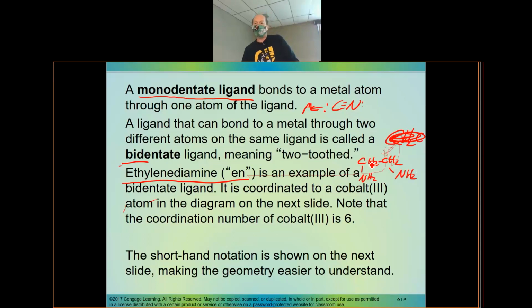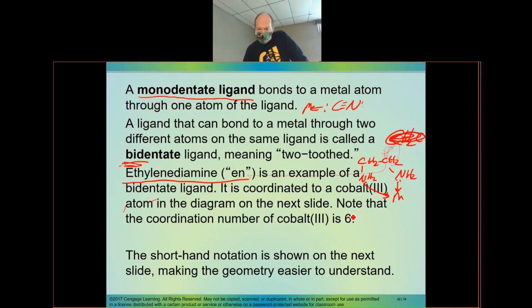So that is ethylene, 2 carbons, diamine, nitrogen NH2 groups, and these nitrogens each have an electron pair, so it will coordinate to the metal not in one spot, but in both. Both amines coordinate to the metal. So 1 ethylene diamine is a coordination number of 2. It has 2 coordinate covalent bonds formed for the 1 ethylene diamine. That's why it's called a bidentate ligand.